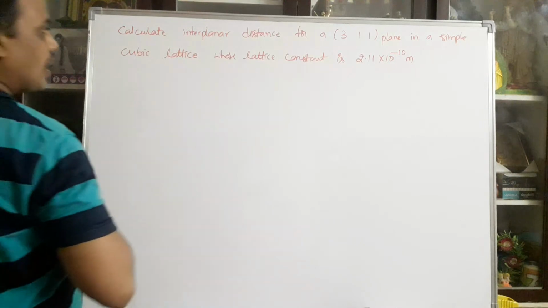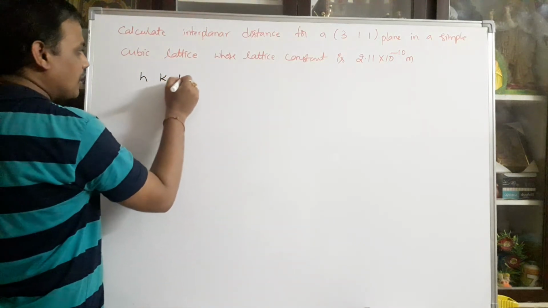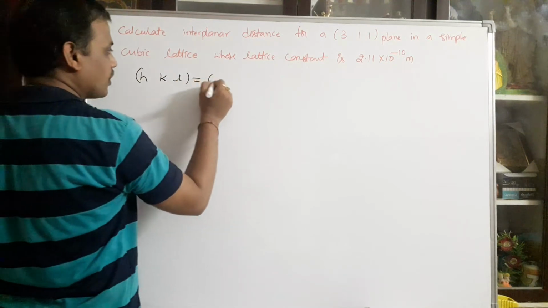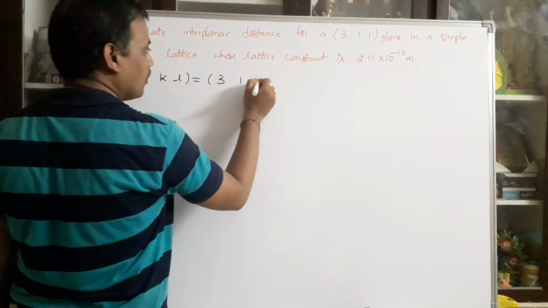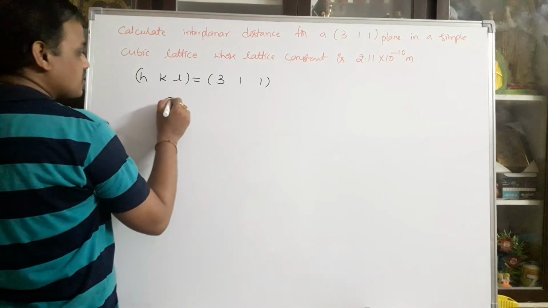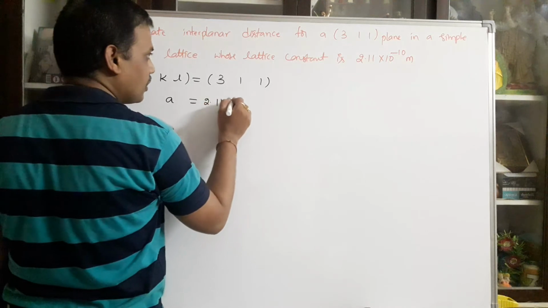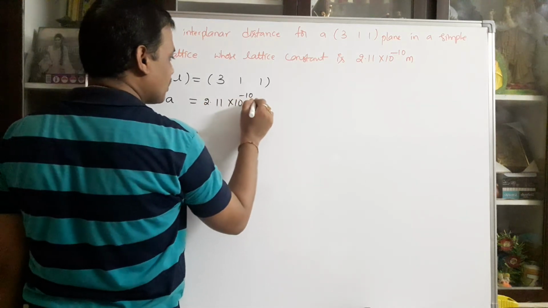According to this problem, they are giving the plane, that is, the Miller indices. The hkl value is given as 3, 1, 1, and the lattice constant is also given. The lattice constant is indicated by the letter small a, equal to 2.11 into 10 power minus 10 meters.